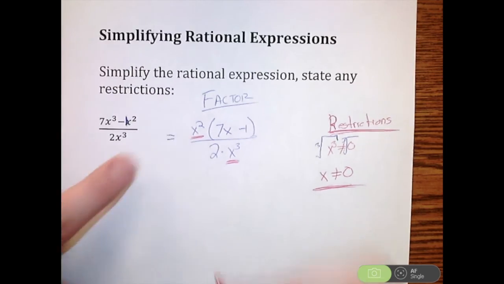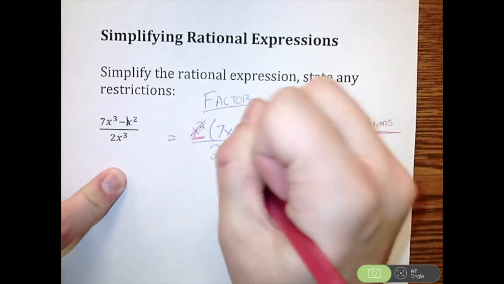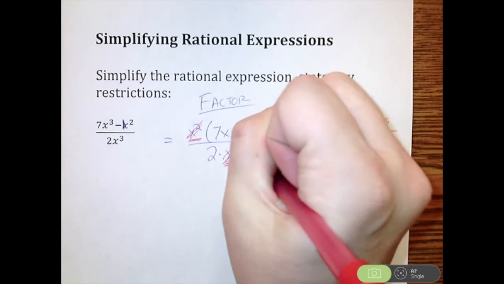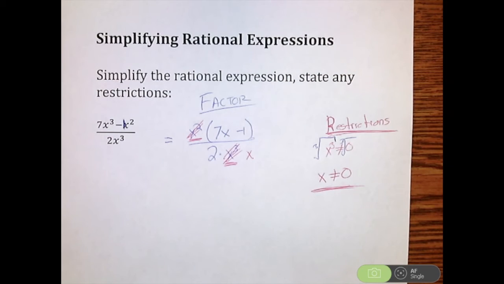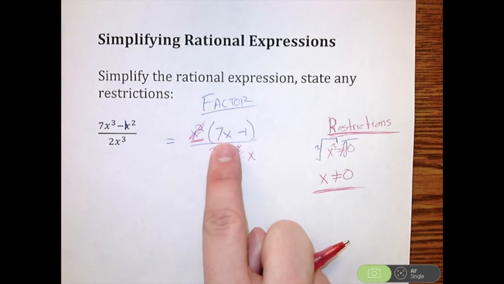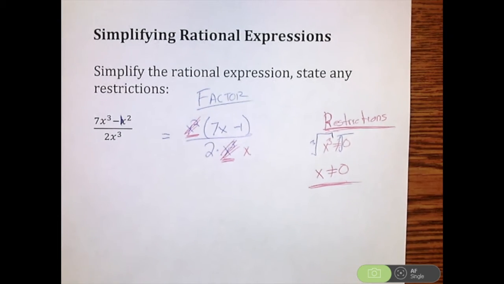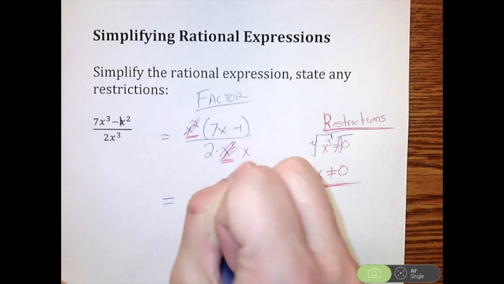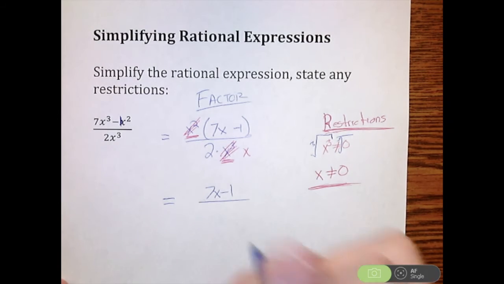Well, if I take away 2 from the top and take away 2 from the bottom, I had 3 on bottom, I'll just have 1 x left over. I can't really do anything else because that 7x minus 1 is all packaged together. So what I'm left with there is a 7x minus 1 on top and just a 2x on bottom.